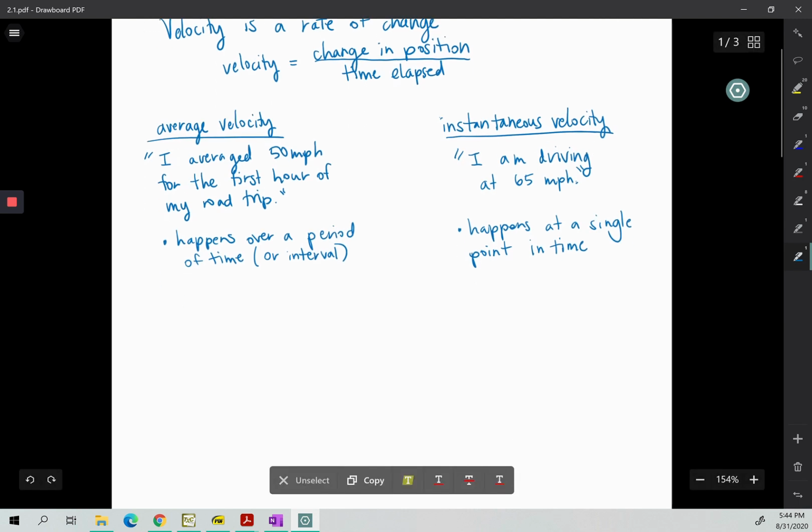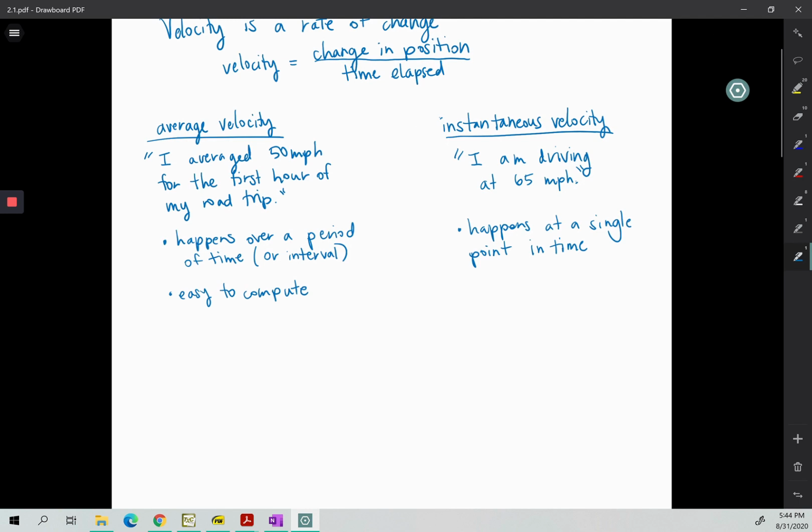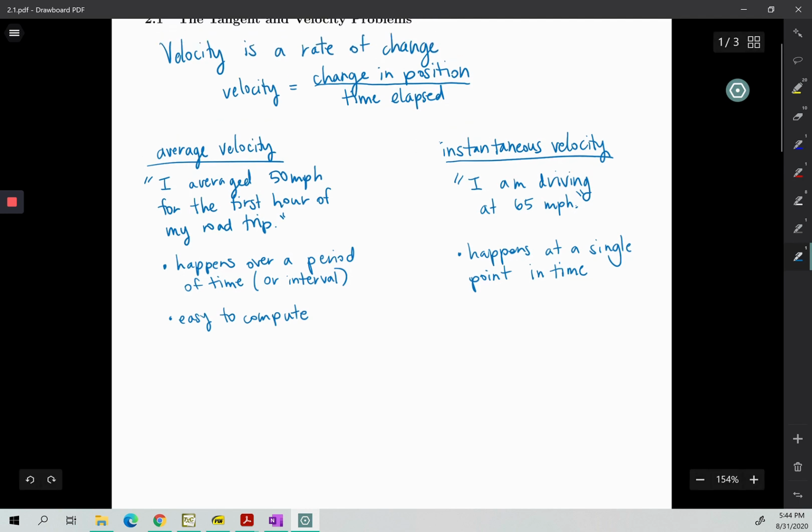So average velocity is not hard to compute. And basically, we just use this formula that I gave right here. So the change in position over time elapsed.